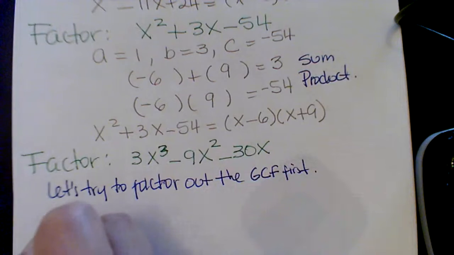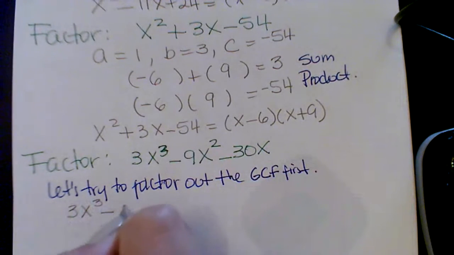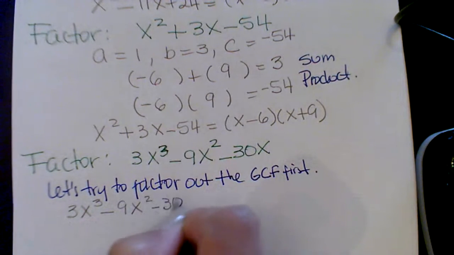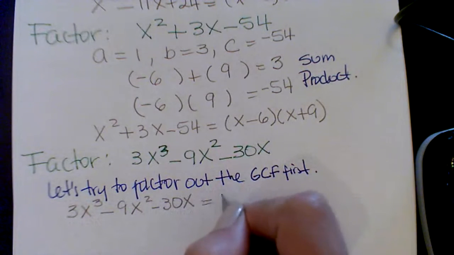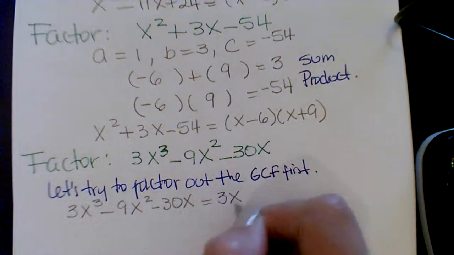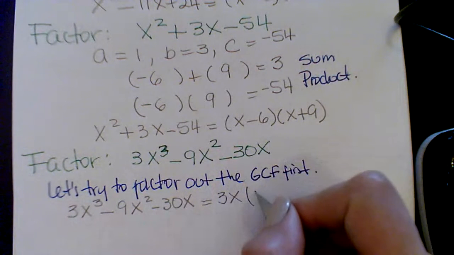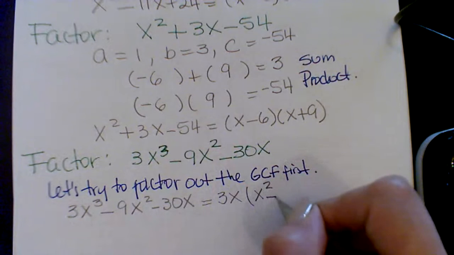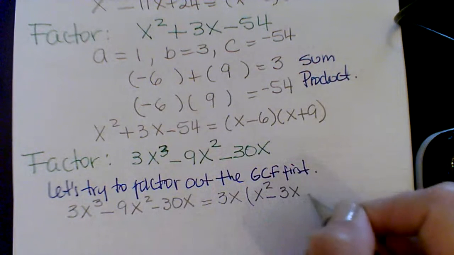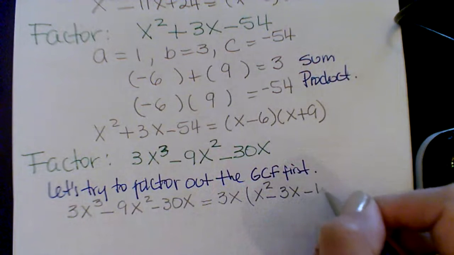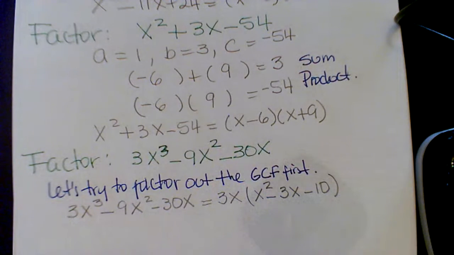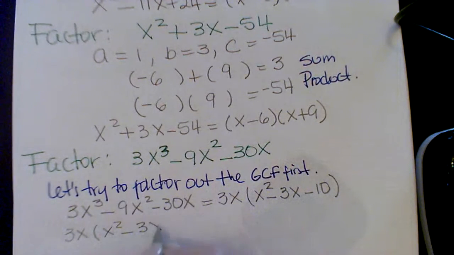All right, so we know this is our trinomial. The greatest common factor is 3x. So what do I have left on the first one? x squared. On the second one, 3x. And on the last one, 10. So what I have now is x squared minus 3x minus 10 to factor.